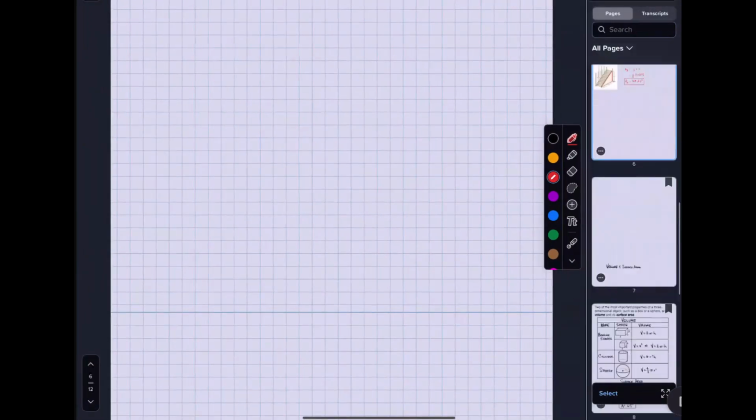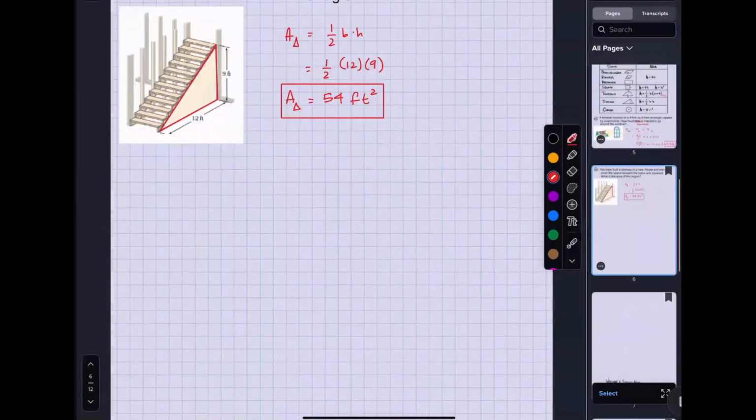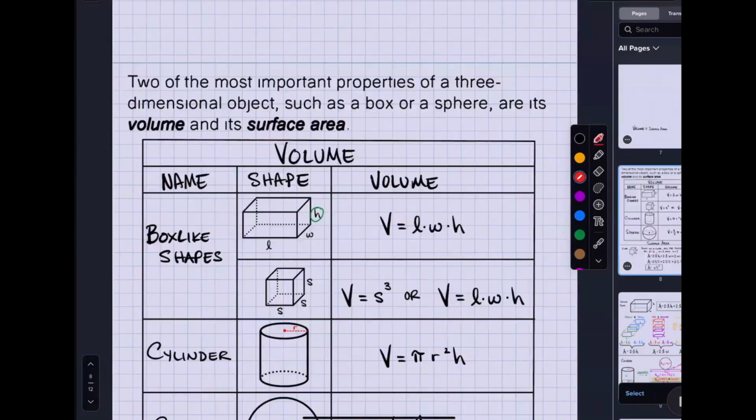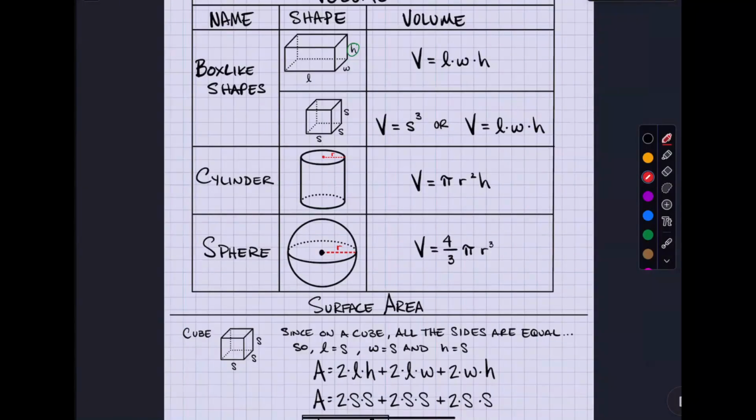I do have it. You're right. You know the part that I didn't put in here? Is the perimeter stuff.